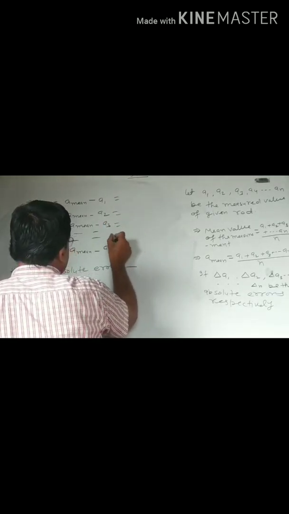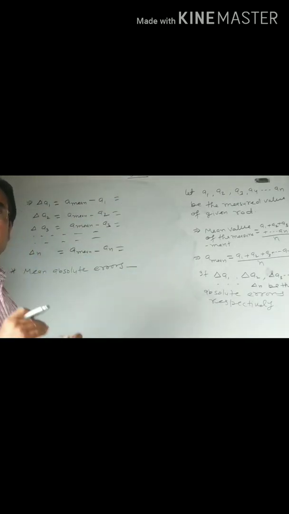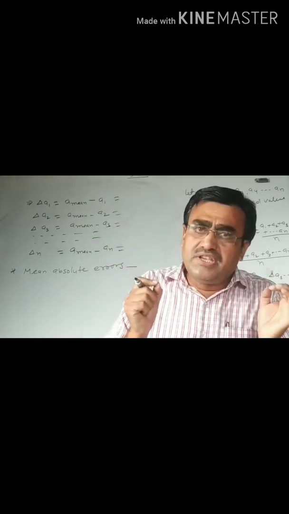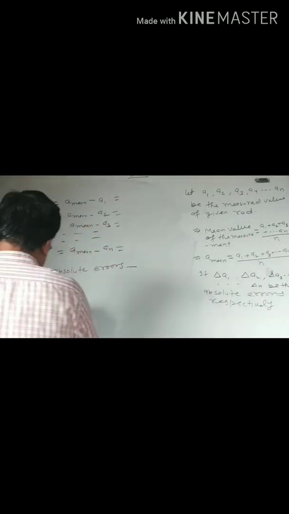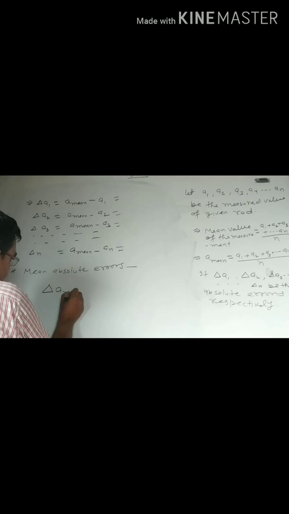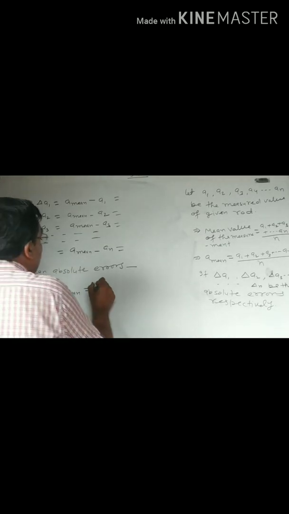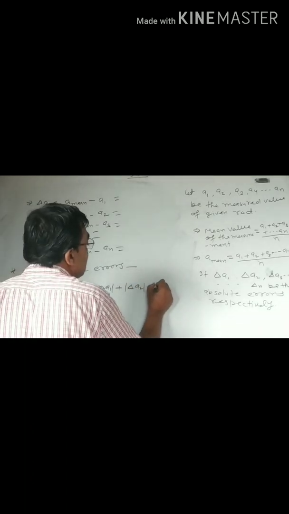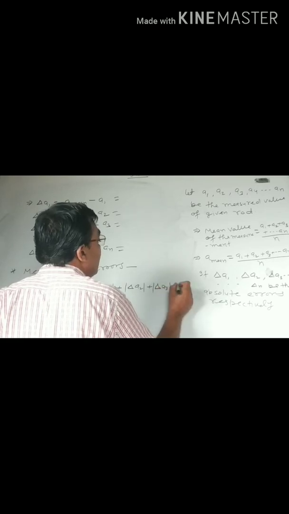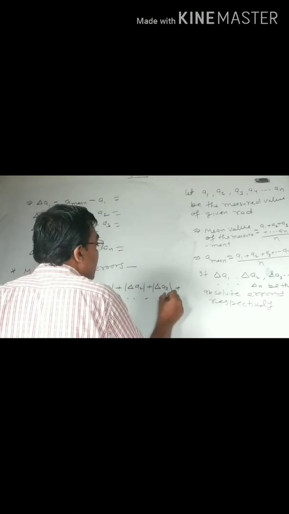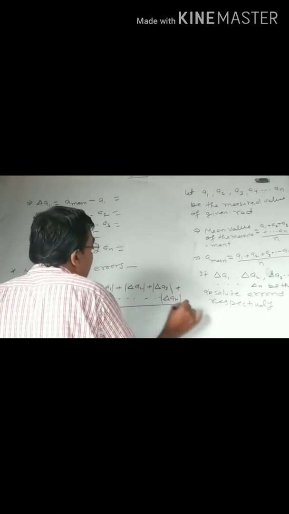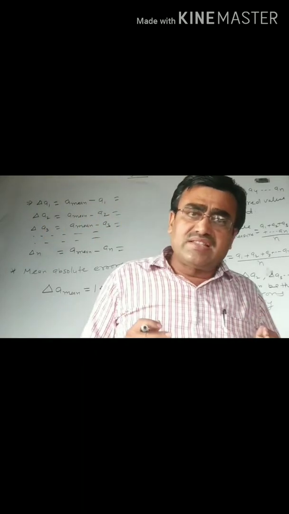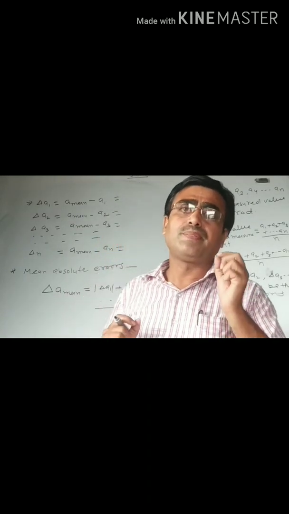Here some results are obtained and the arithmetic mean of all absolute errors is known as mean absolute error, and it is represented as delta A mean is equal to mod delta A1 plus mod delta A2 plus mod delta A3 plus mod delta An upon N. Here mod indicates that we always take the positive value of absolute errors.